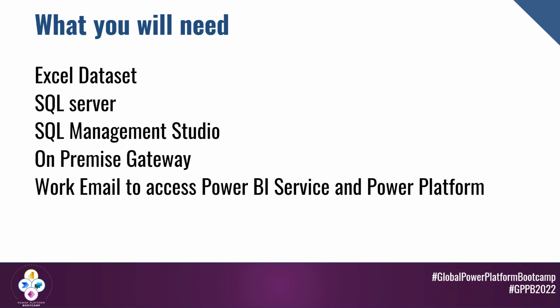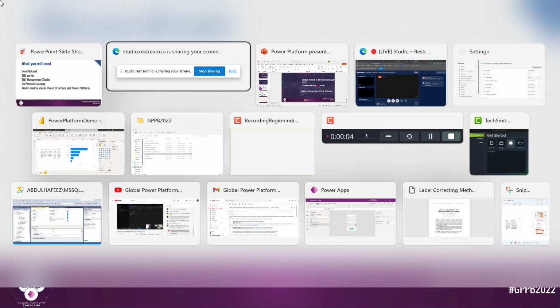Although you can use Power BI Desktop for free, to be able to work with the Power Platform, Power Apps, and to upload to Power BI service, you need a work email. These are the requirements that we will need in order to do our task. So what I'm going to do now is go to my Power BI Desktop.